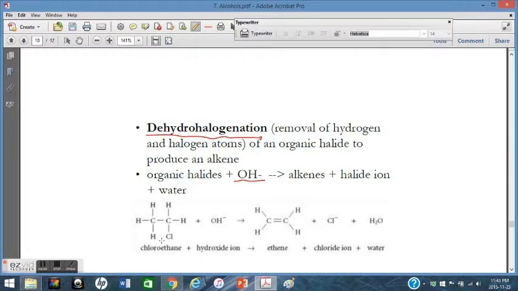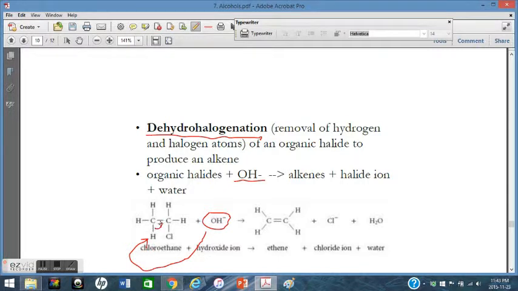Now what actually happens here, this is the mechanism, sometimes people see it and it helps them to figure out what's going on. You don't have to know what this mechanism is. But the OH attacks this hydrogen, yanks it away. The electrons that are in here jump to that bond, making a double bond.